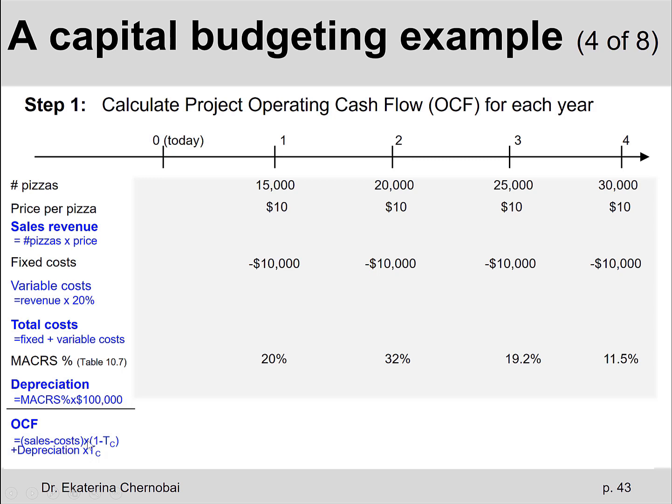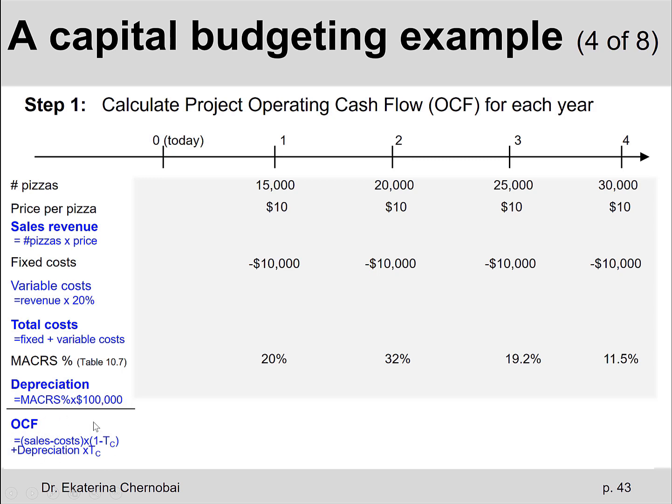That difference is multiplied by 1 minus the tax rate, and then we add the product of the annual depreciation and the tax rate. This is the so-called depreciation tax shield approach to calculating the operating cash flow for each year.